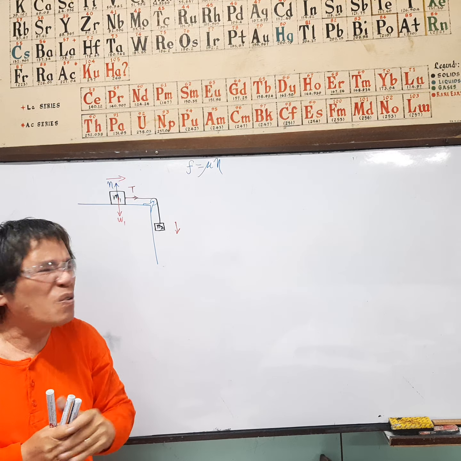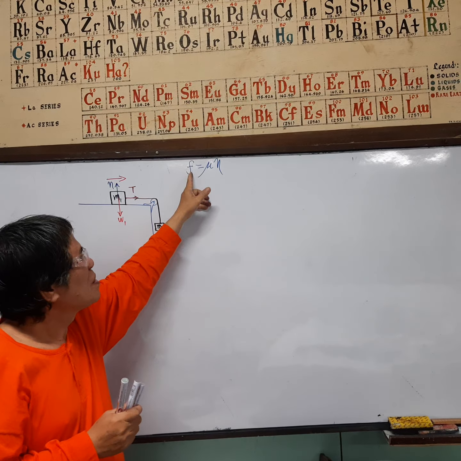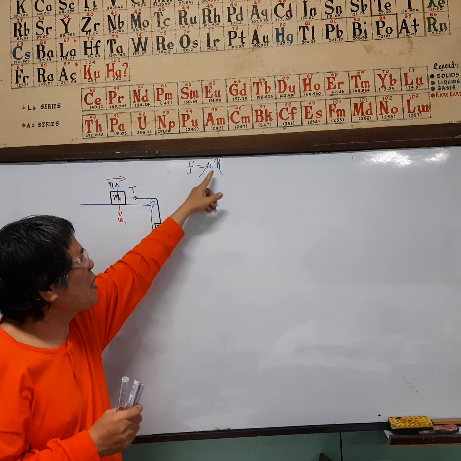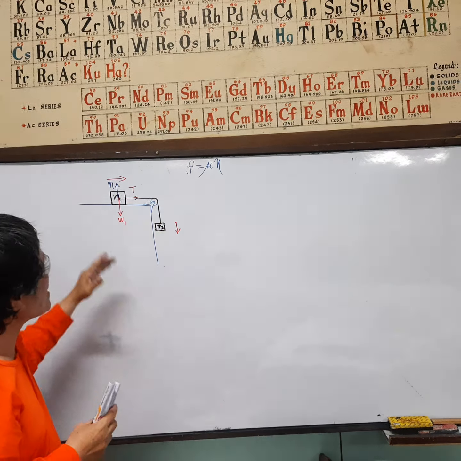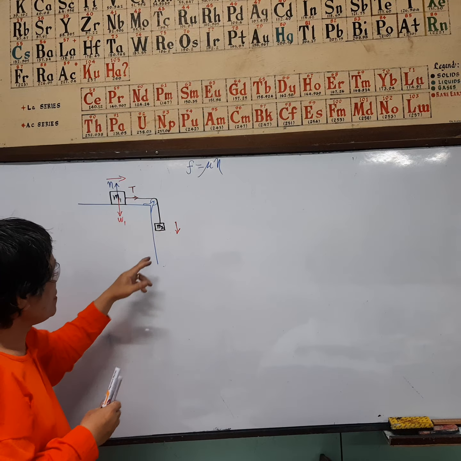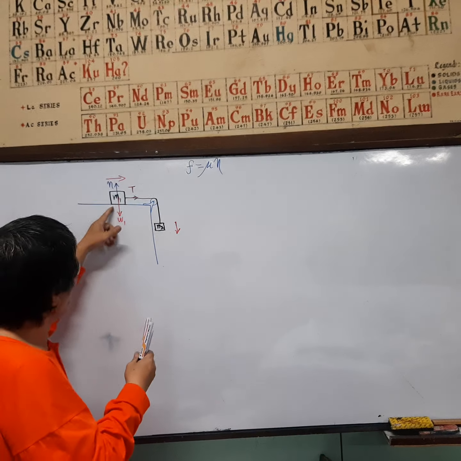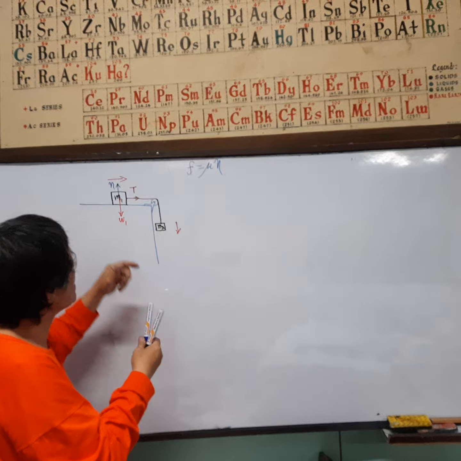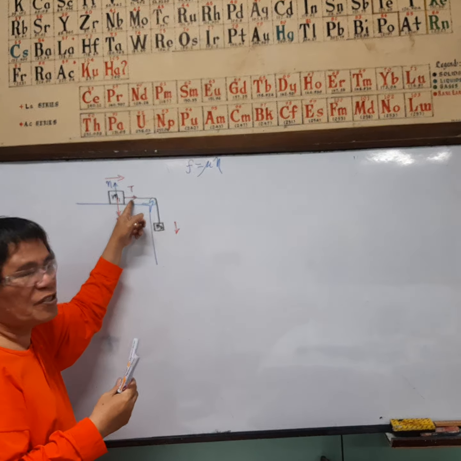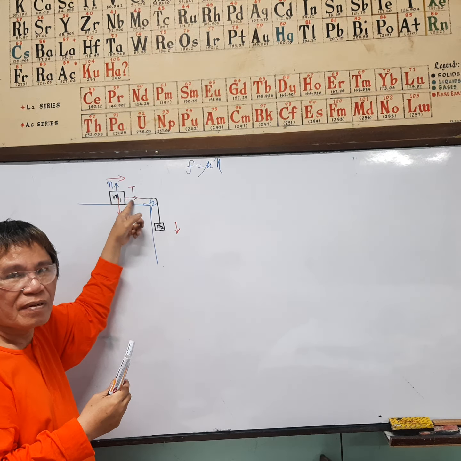And because there is no friction, okay, friction is zero, so no need to have the normal force. So what happens here is, there is this weight 1 cancelled out by the normal force, so the net force here is the tension. Okay?